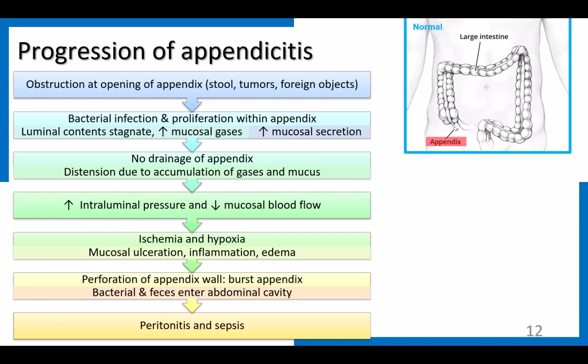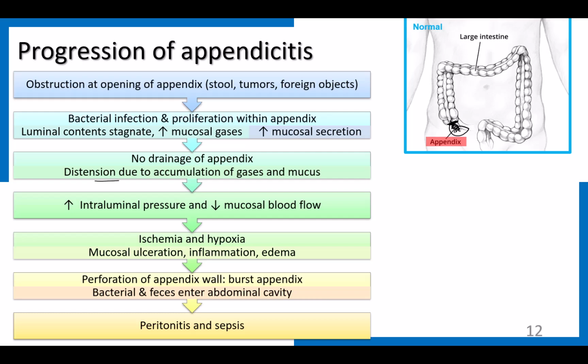Progression of appendicitis, again, location of the appendix over here. There's an obstruction at the opening of the appendix, either due to accumulation of stool, tumors, or foreign objects. And then the contents of the appendix get infected, and pressure builds up because there's no drainage from the appendix into the cecum.